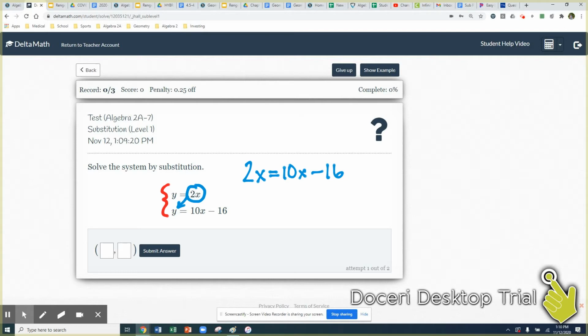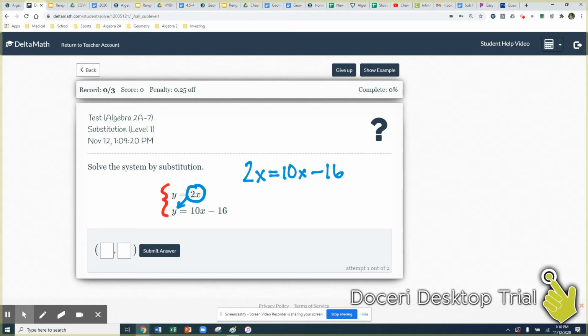So since this is y equals 2x, this is y equals 10x minus 16, since y and 2x are the exact same thing, they are equal to each other, we're going to replace the y in the other equation with 2x. So this 2x right here is where I put 2x for that y. So I took the y out, put 2x in.